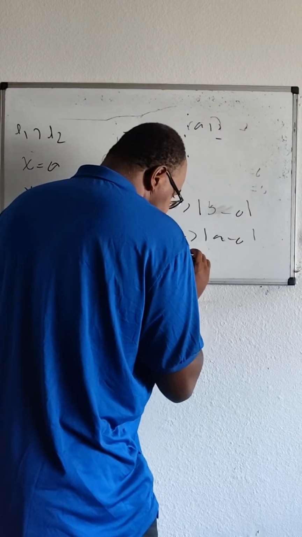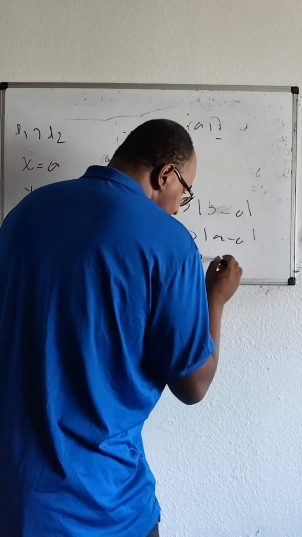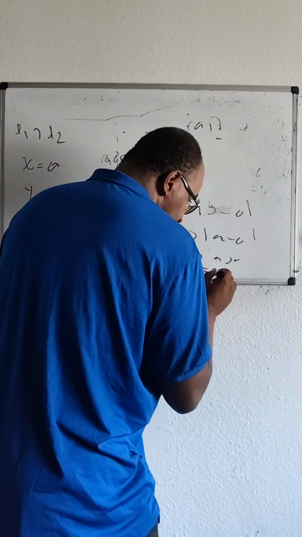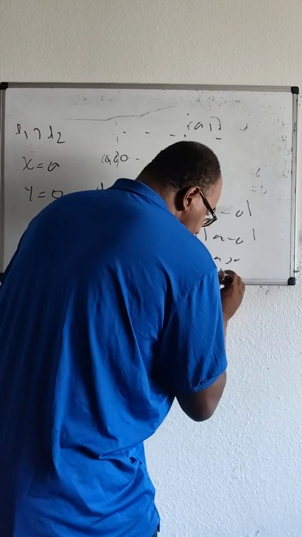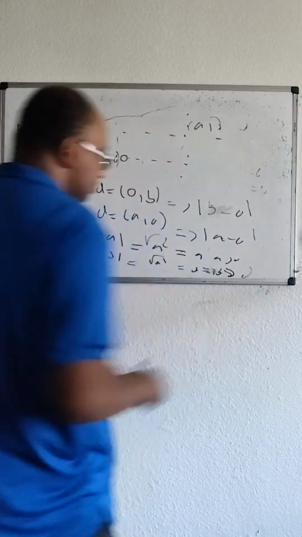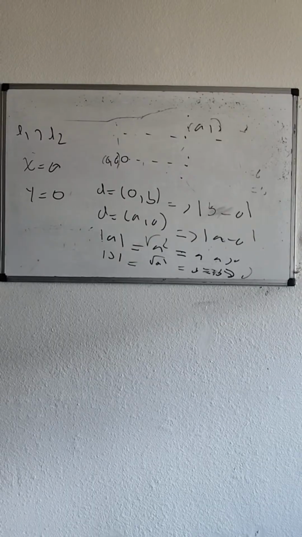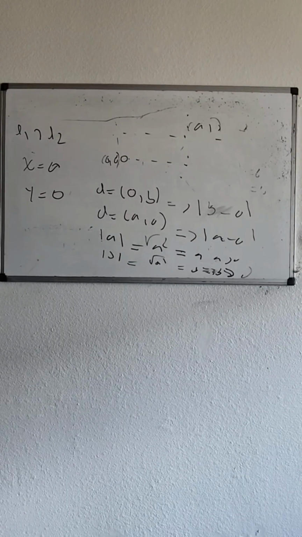Call it A for A more than 0. Call it B for B more than 0. Okay, that's what we want to show.